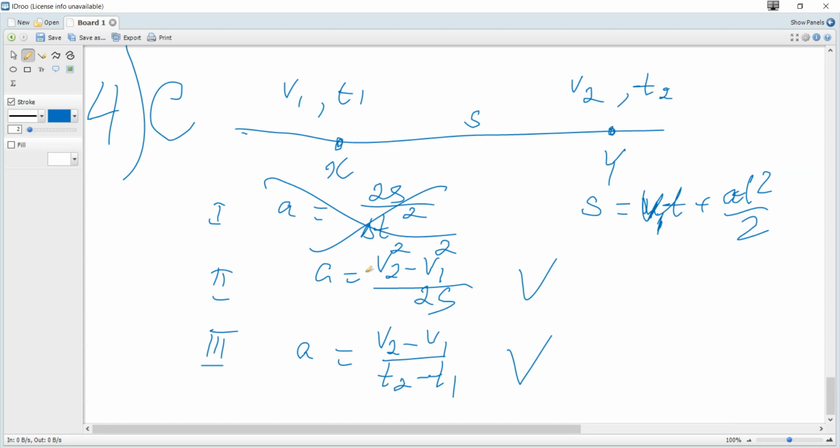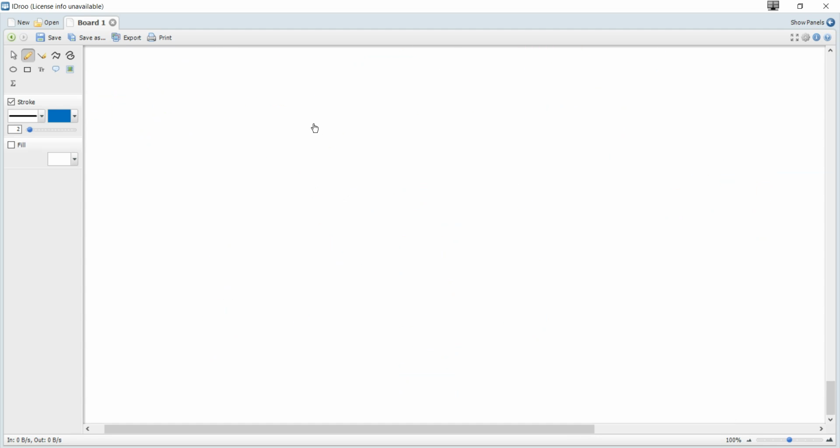5. A ball is projected at an angle to the horizontal on Earth, reaching a maximum height h and a maximum range r.